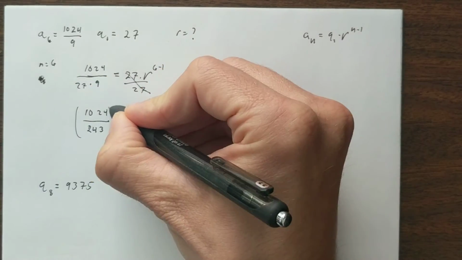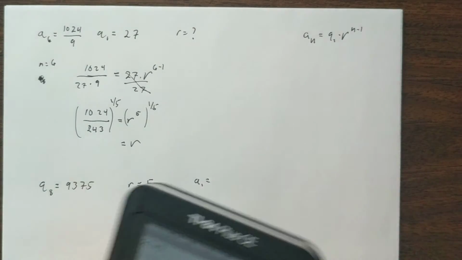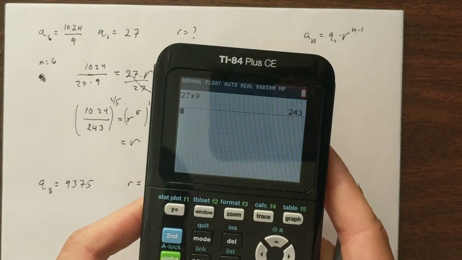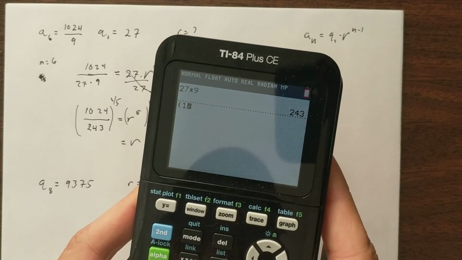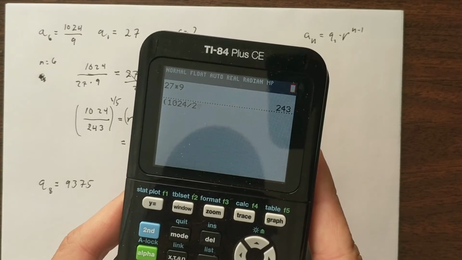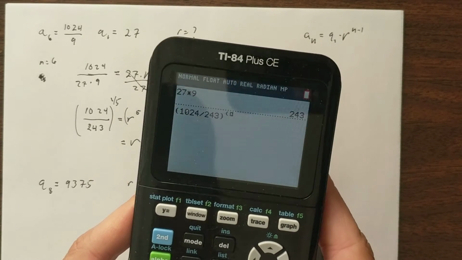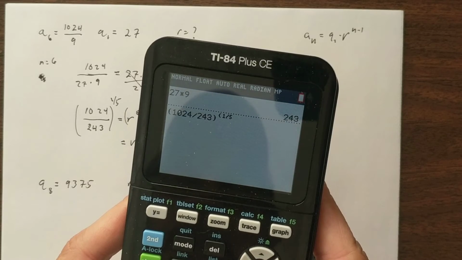Now, we have to do that to this side of the equation, which I don't expect you to be able to do in your head. So get out a calculator, put a parentheses there, 1024 divided by 243, and take it to the power of 1/5, like so.